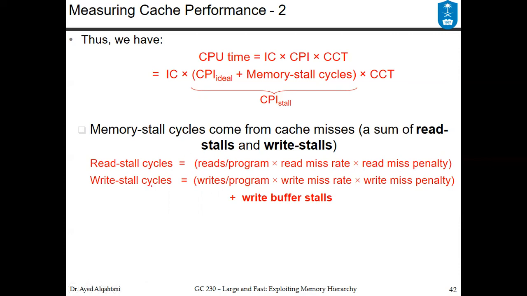For the write stall cycles, you do the same. The writes, how many writes you have in the program, you multiply it by the write miss rate, multiplied by the miss penalty. And you could add to that the write buffer stalls if you have a write buffer.